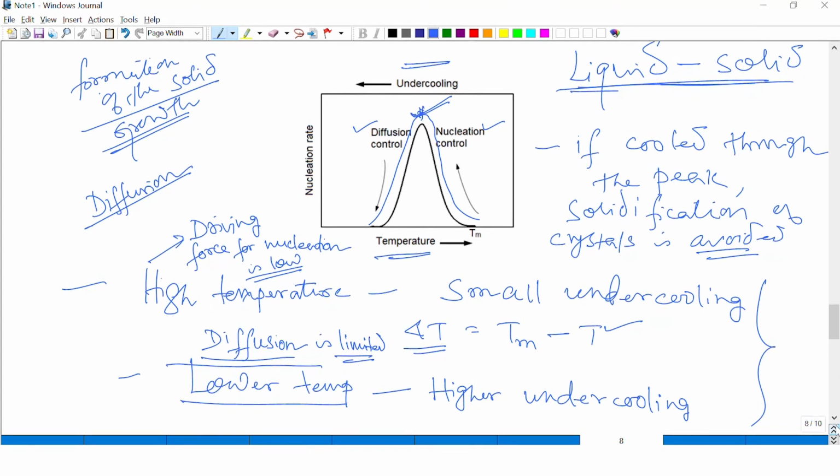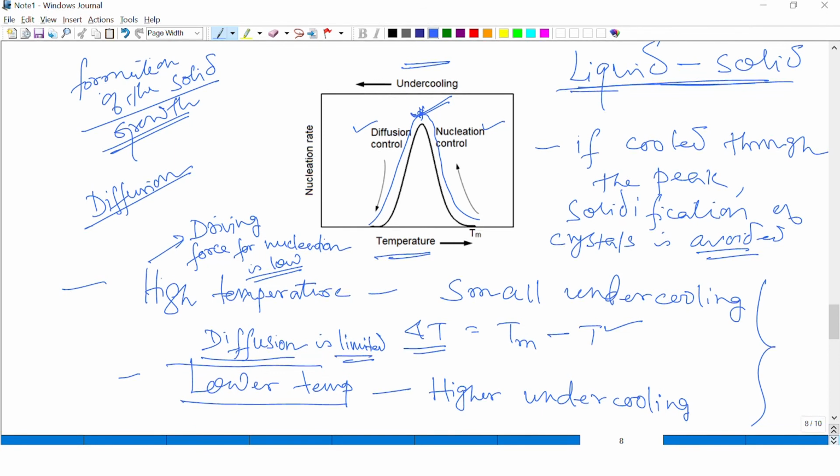So, in one case, when the temperature is high, due to the small undercooling, the driving force for the nucleation is low. So, on the higher temperature side, the process is nucleation controlled, and on the lower temperature side, since the diffusion is limited, this solidification process becomes diffusion controlled. Okay.